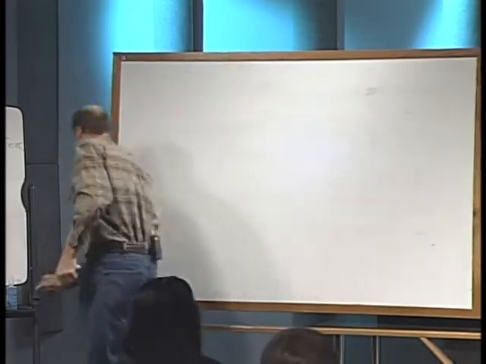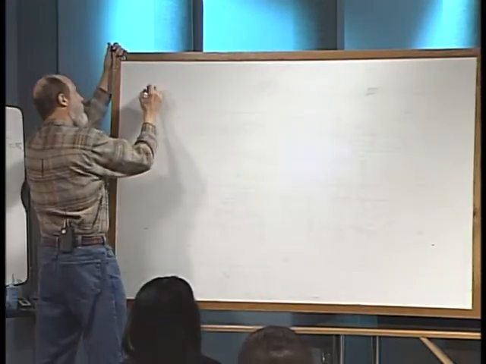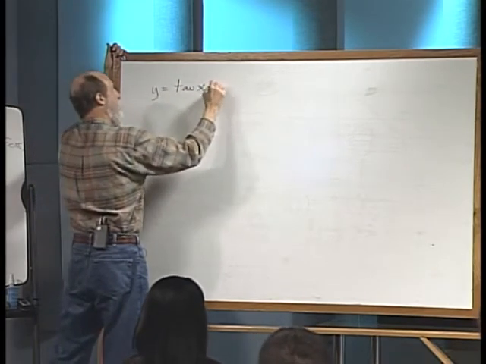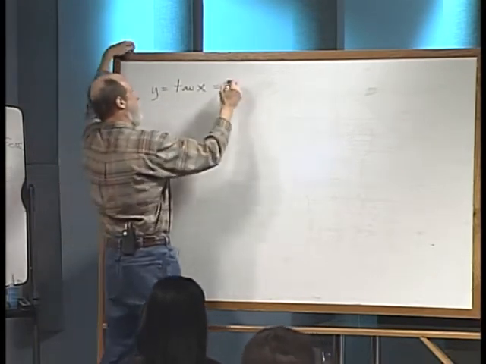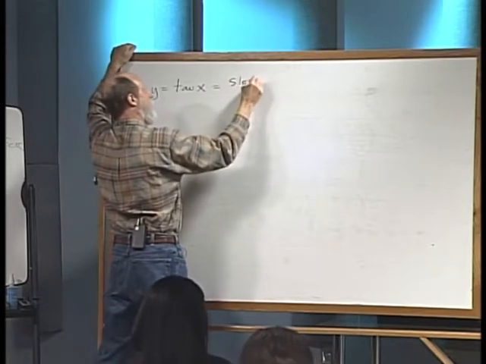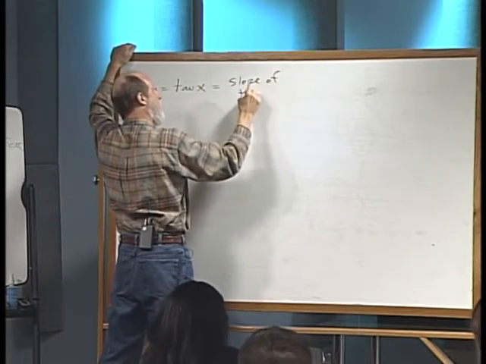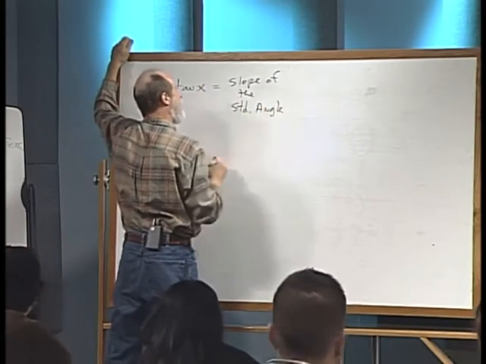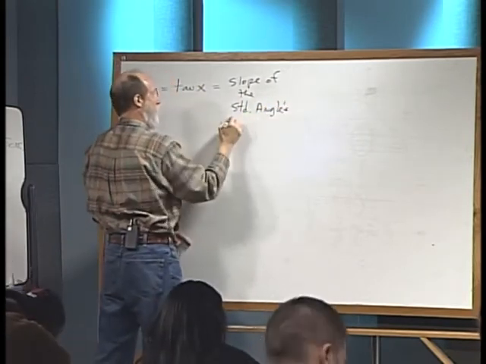So when we see tangent of x, we think of it as a variety of ways. We think of the slope of the standard angle's terminal side.